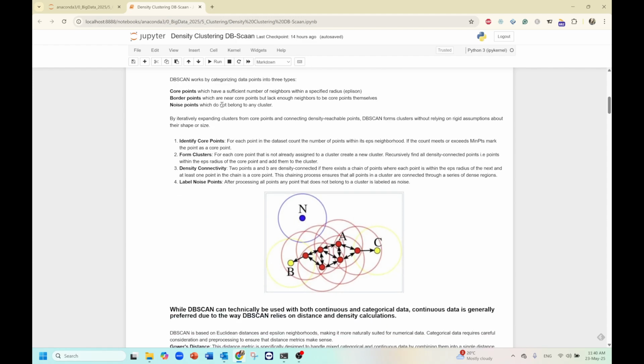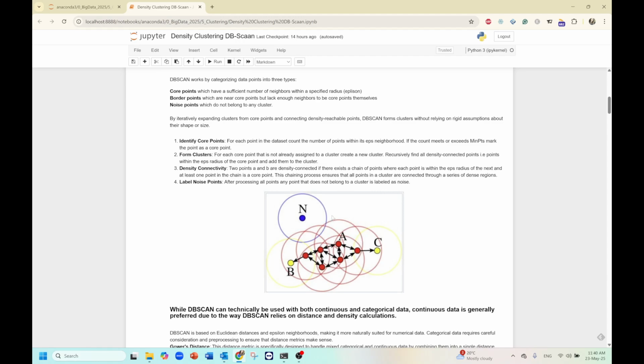As I said earlier, there's something we call neighboring points or core points. For example, if you take a look at this illustration, you will find that all the red points in this area are very close to one another, within the radius. You can see so many circles.